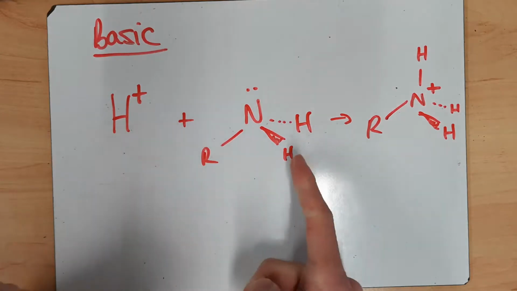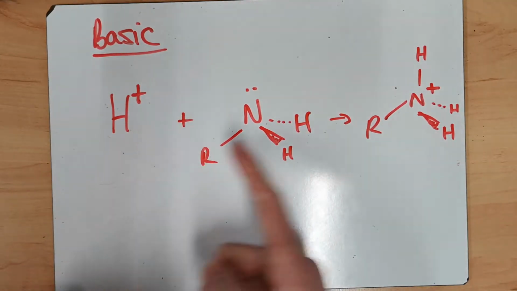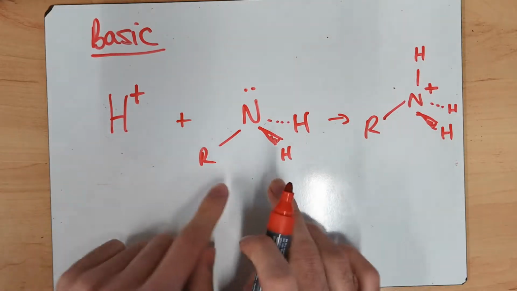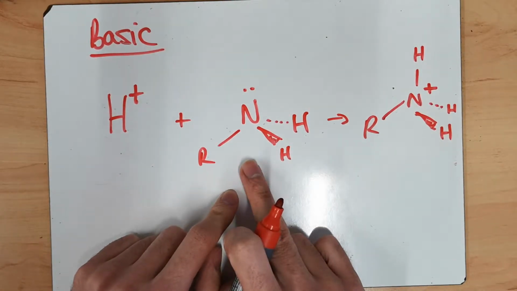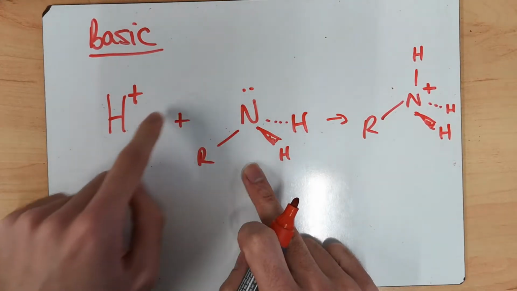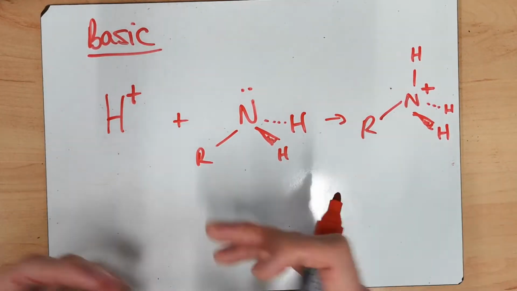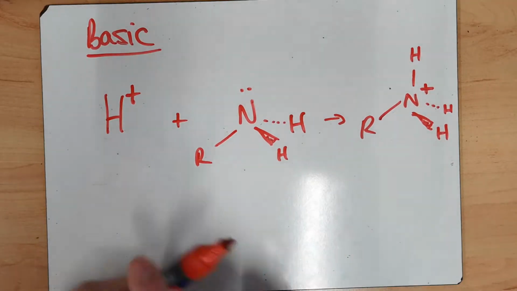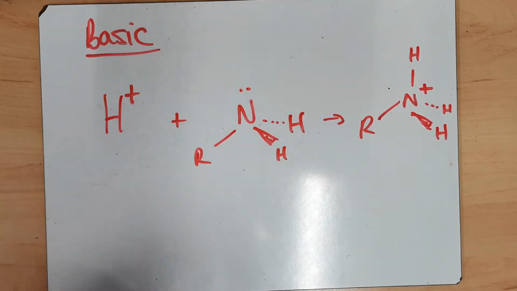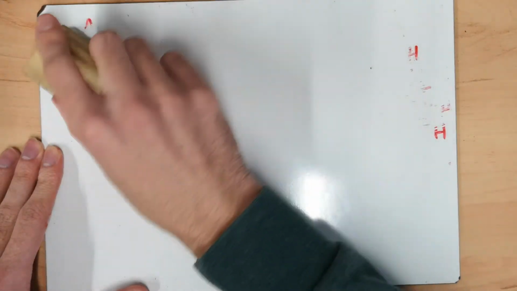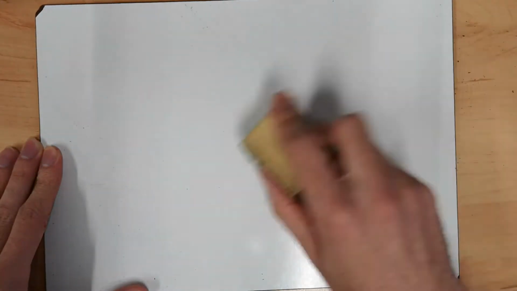The charge always carries across, so we've got a single positive on this side, we've got a single positive there then, and that is why we call amine groups basic, because this lone pair of electrons can accept a proton and bring that on, and that's what basic is. So primary, secondary, tertiary, and even ammonia can do this, can accept that H+ because it has that lone pair of electrons, and it can draw that H+ in.